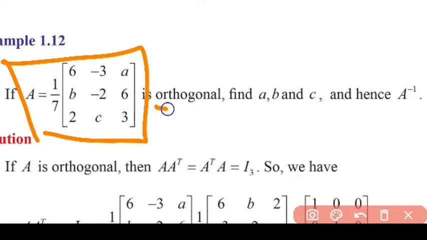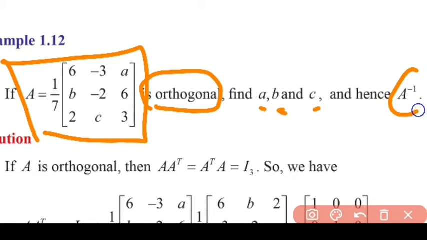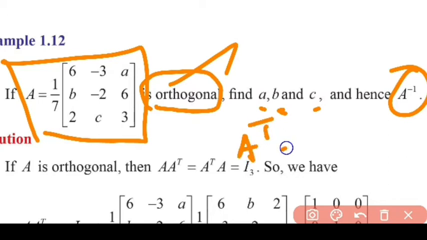It's given that A is orthogonal, so it satisfies the orthogonal condition. Then find A, B, C and hence find A inverse. Since A is orthogonal, it's enough to say A transpose is equal to A inverse.